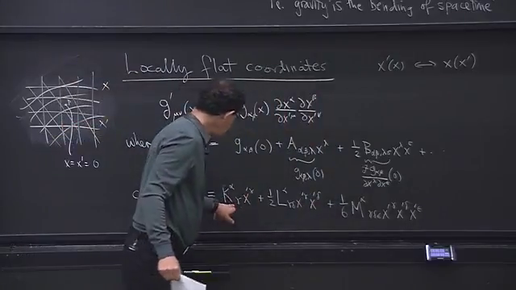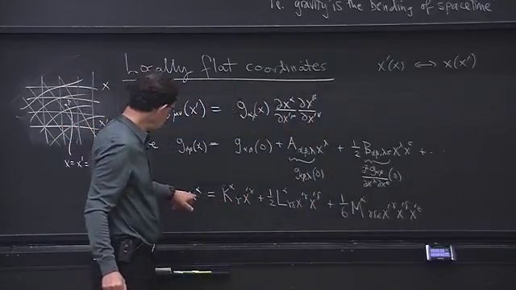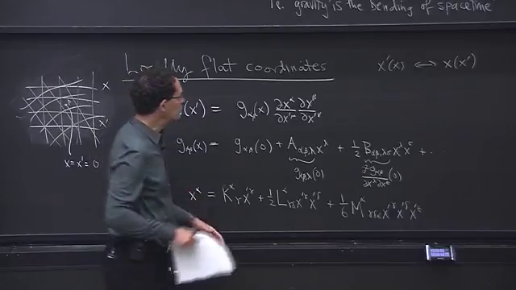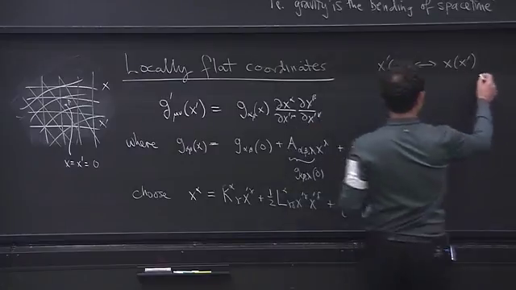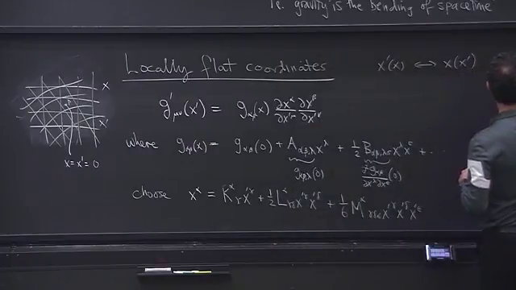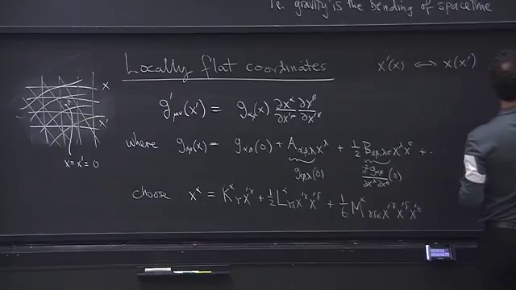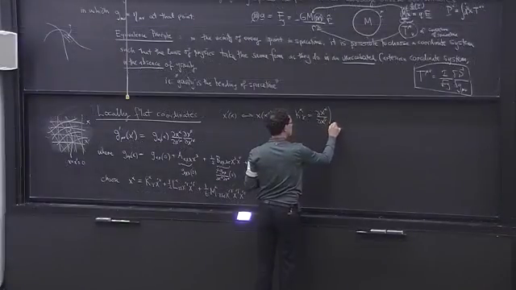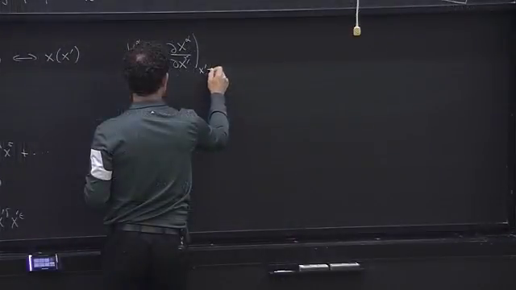Again, these constants are just the derivatives of this function evaluated at the point. So I've got x of x prime, and for example, k alpha gamma equals dx alpha over dx prime gamma evaluated at x prime equals 0.